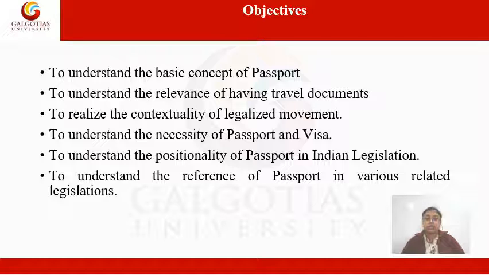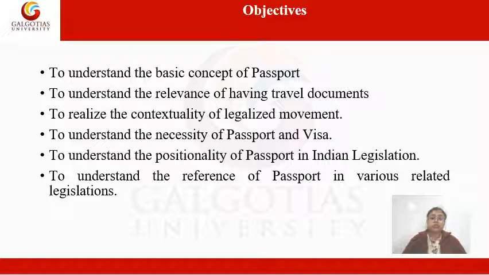So that is needed to understand what the contextuality of legal movement is and what can happen in case the movement is not legal in nature prima facie, or while looking deep into a particular case study, what happens in case the travel is not properly legalized.